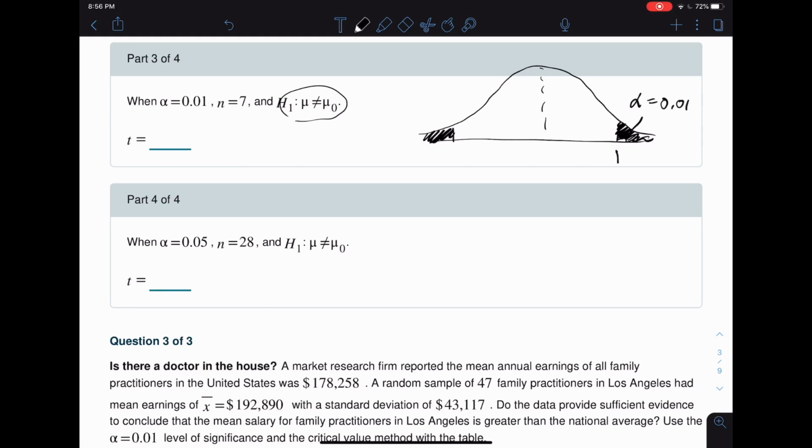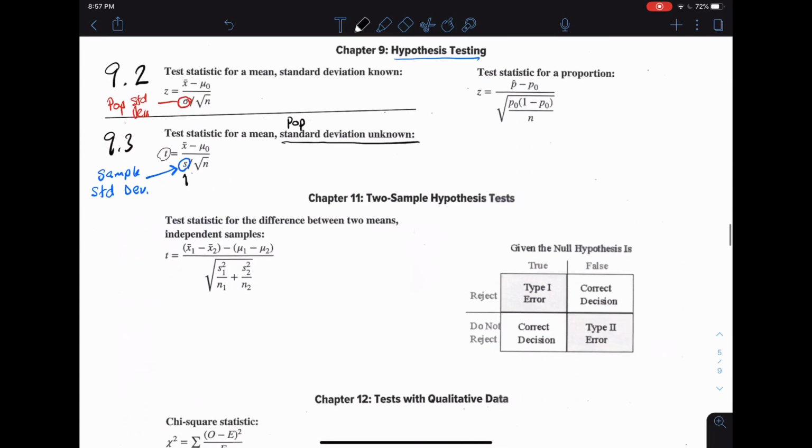I want to find that critical value there, and once I find that, no problem. This is just going to be the same number except opposite. So when we write our answer, we're going to say plus or minus, so there's going to be two values here. Now the sample size: we know the degrees of freedom are going to be 1 less than that, so that's going to be 6. Let's look it up. We've got everything we need, right? We've got the alpha, the area in the right tail, and we've got our degrees of freedom.